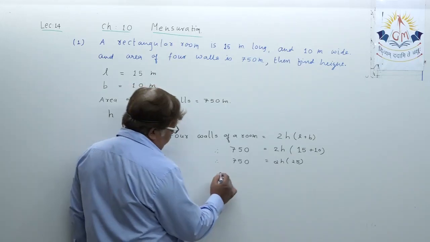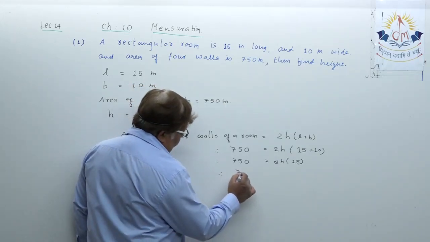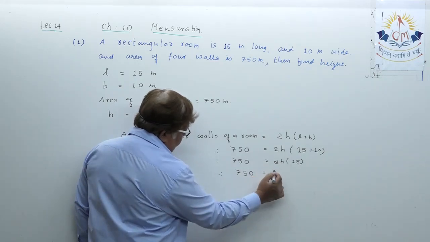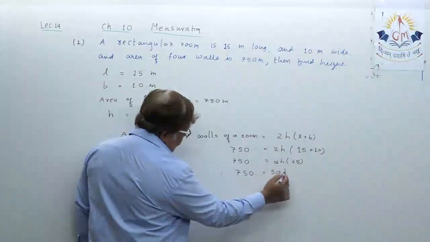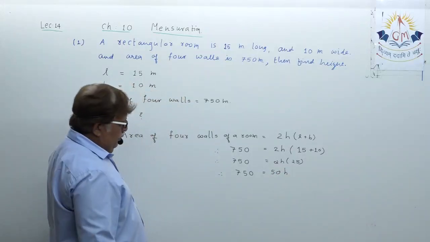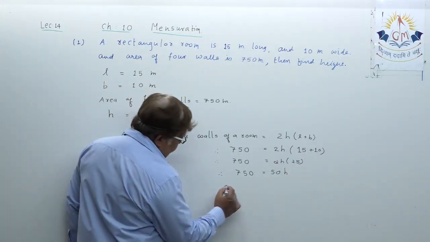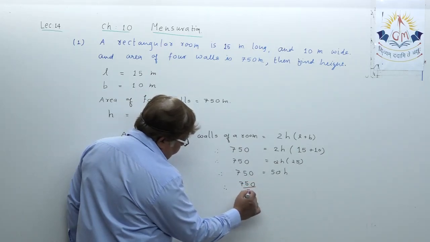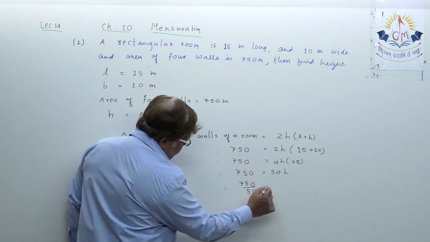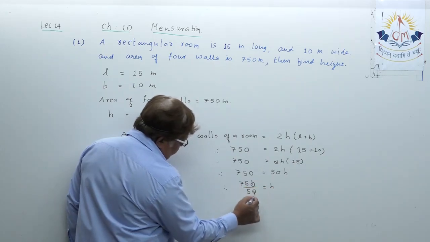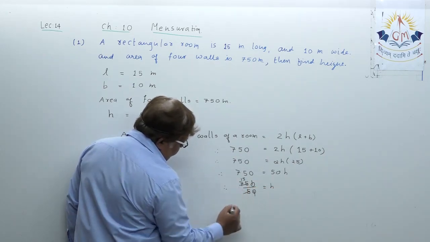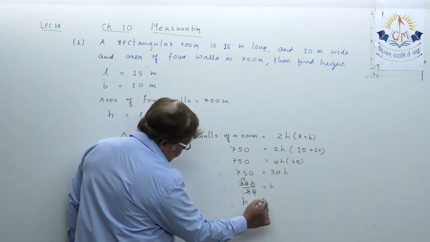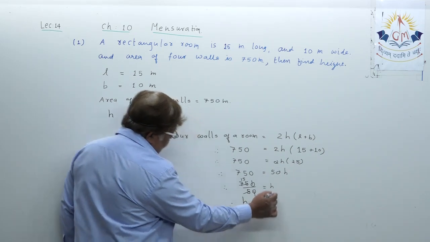Just add it. So 750 equals 2 times 25, that is 50h. I'll give a little time for writing the example, so don't worry even if you can't keep pace with me in writing. So h is 750 divided by 50, that is 15. So the height of the room is 15 meter.